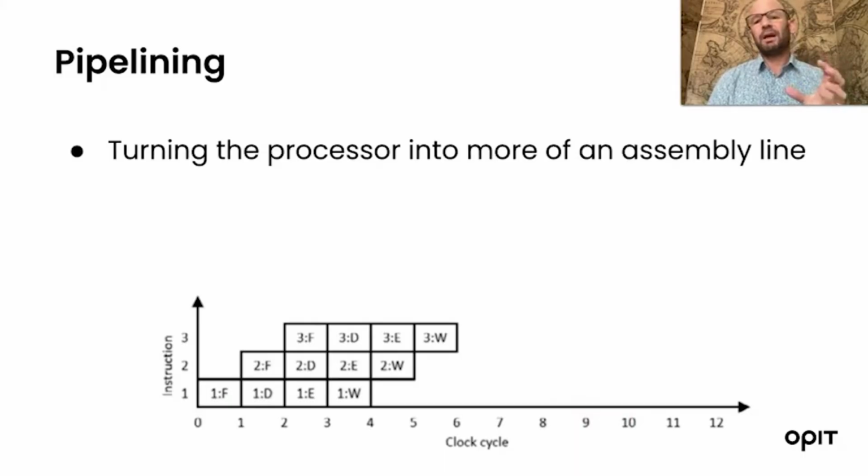Like if you're at a manufacturing plant and you're manufacturing cars, for example, you're not going to manufacture 1 car from start to end before you start the next car. Along that assembly line, you're going to have the cars in various stages of assembly, right, until we get to the end where they're completed. So we want to optimize the resources that are available to most efficiently produce cars, or in this case, to execute instructions.